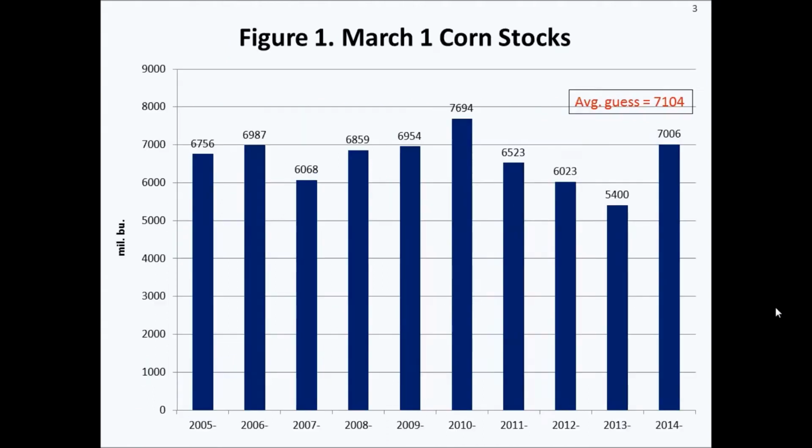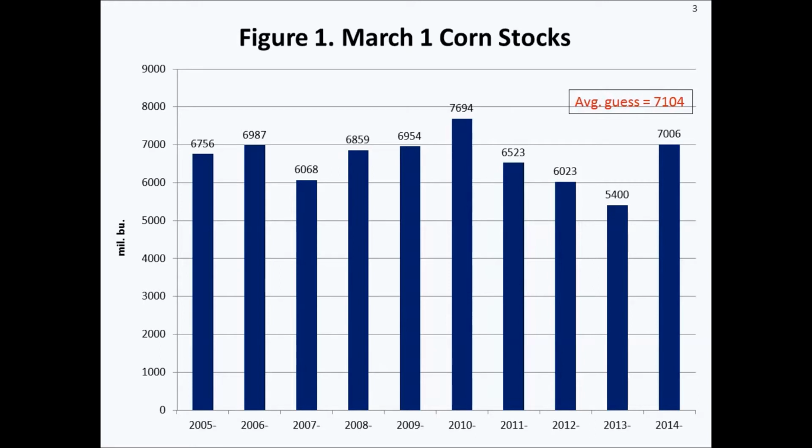I want to start by discussing the corn situation first as revealed in today's reports, and we would start with the March 1 stocks report. As you can see on the screen, we compare the March 1 stocks estimate this year to previous year's estimates and also to the average trade guesses.